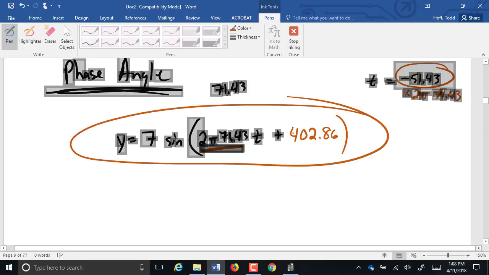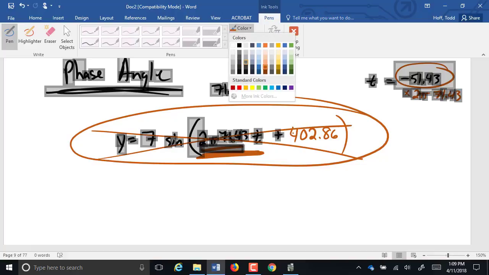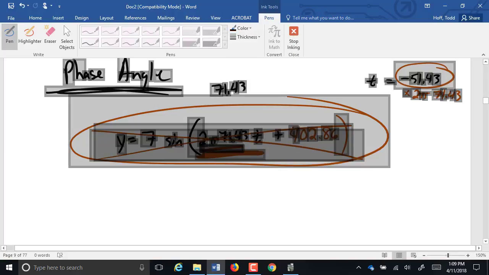Now for the test tomorrow, I won't ask you to write an equation like this off of a wave like that, because that phase shift used to be really weird because of this angular velocity here. The ones that I'll ask you to work with will have nice even numbers there for that period, so that it won't be such an ugly phase shift. I probably should have not done that last part there, just so I didn't confuse you.